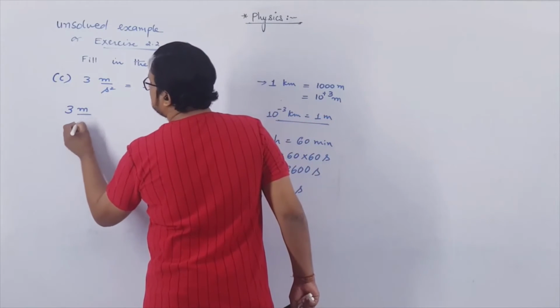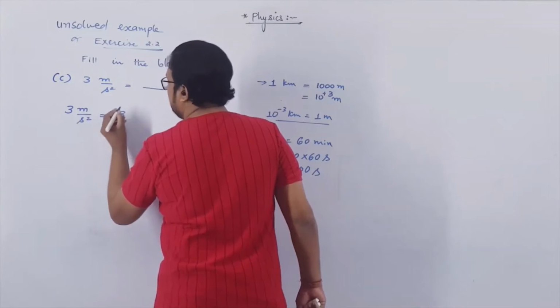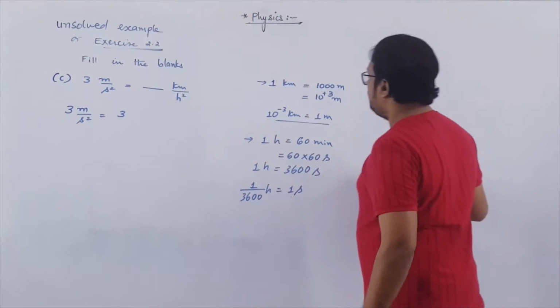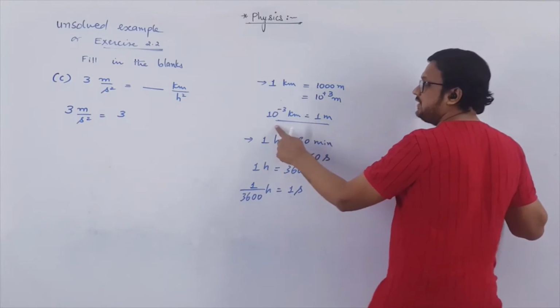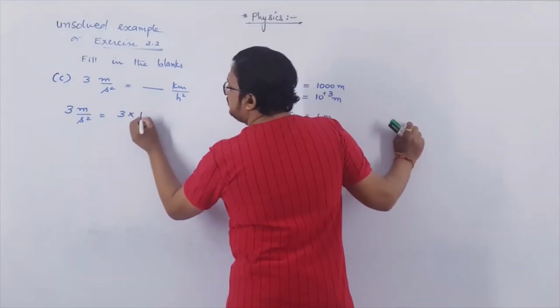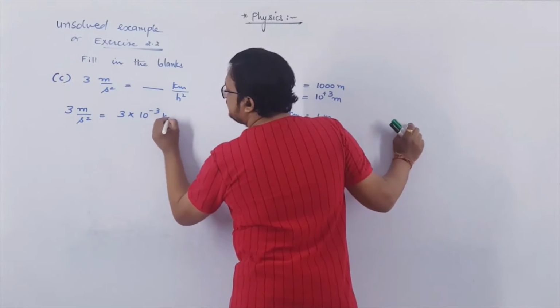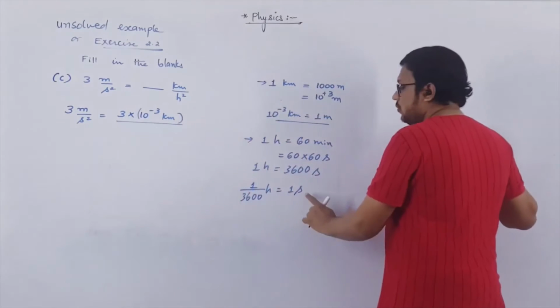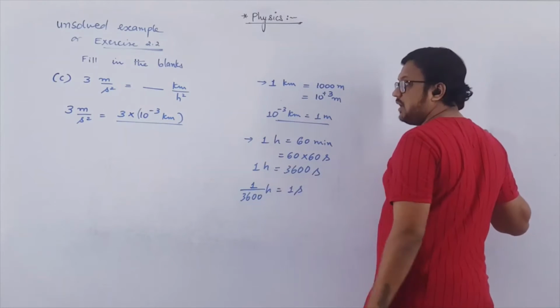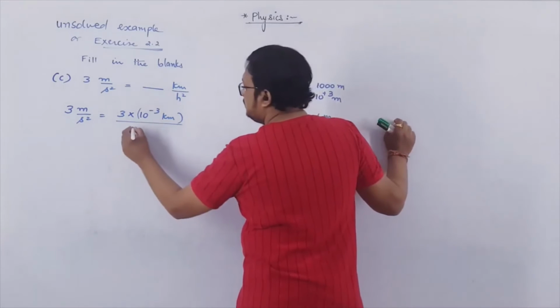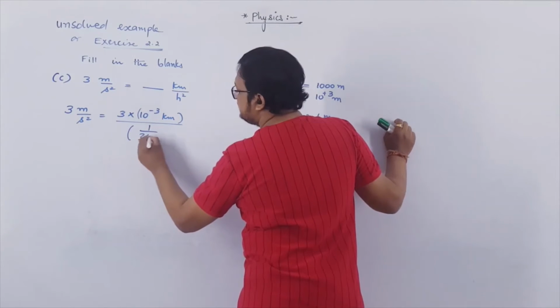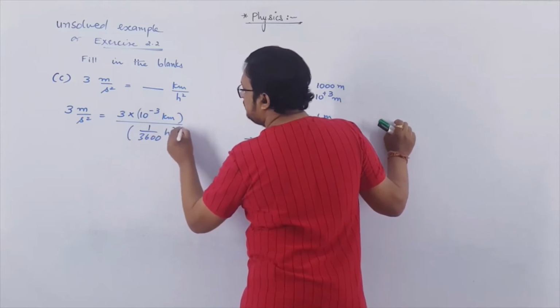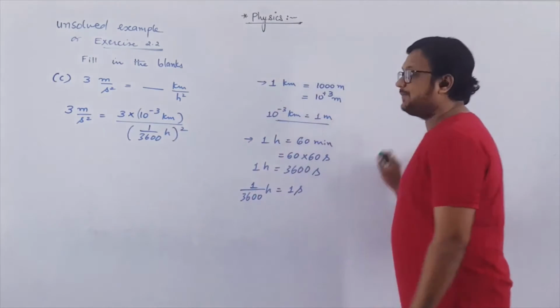3 meter per second square will be equal to 3 into 1 meter, which is 10 raised to minus 3 kilometer, over 1 second, which is 1 by 3600 hours, and whole square, because second square is there.